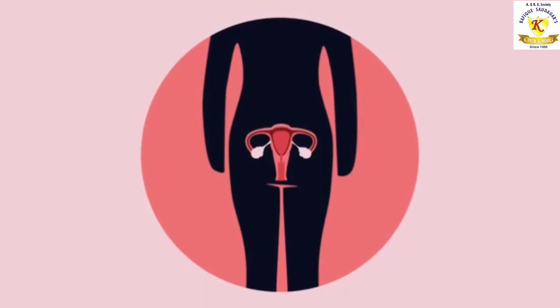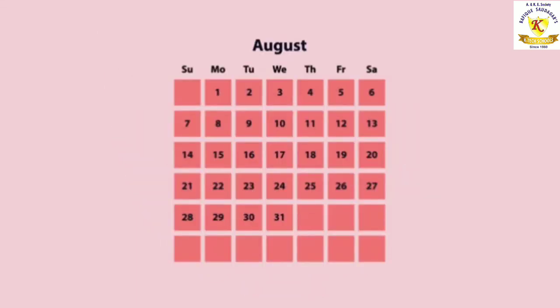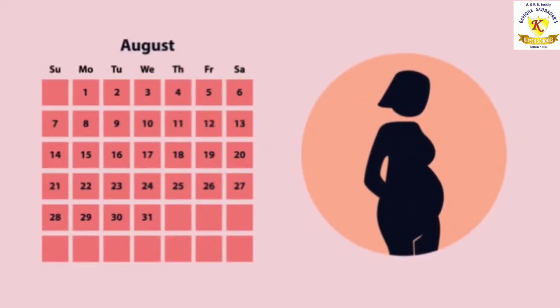Now, women between the ages of 12 and 50 years undergo a monthly cycle in which their uterus prepares for pregnancy. It prepares for a fertilized egg to settle and grow into a baby.